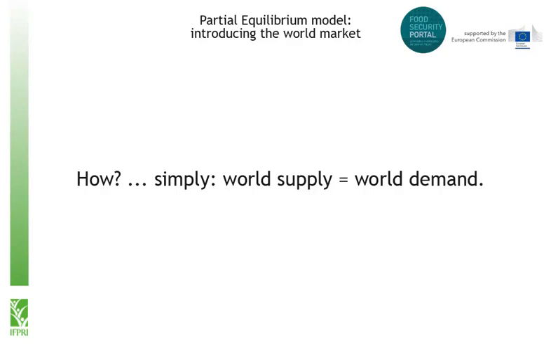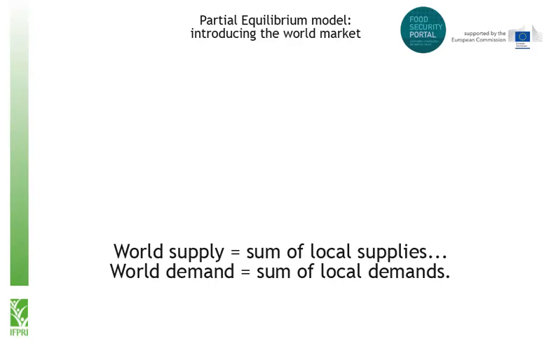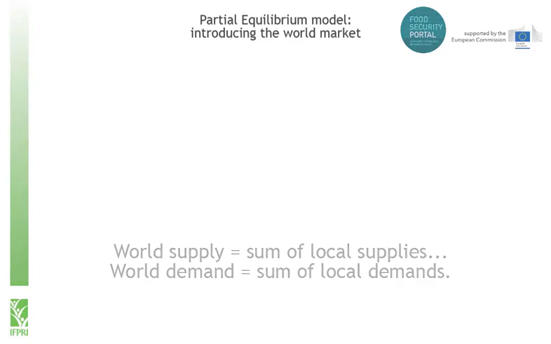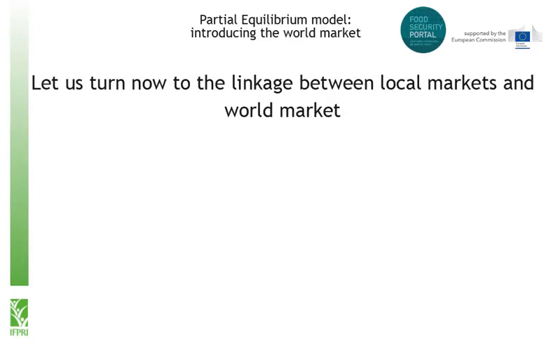So this is exactly what we do here, because in fact we say that the world price is determined by the equality between world supply and world demand. Okay? And how do we determine world supply and world demand? But this is very simple because world supply is the sum of local supplies and world demand is the sum of local demands.